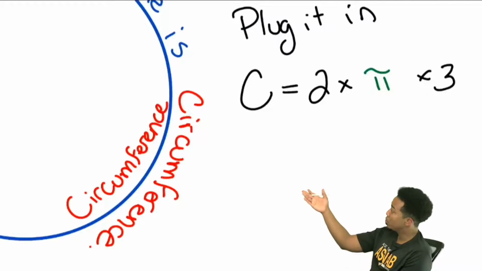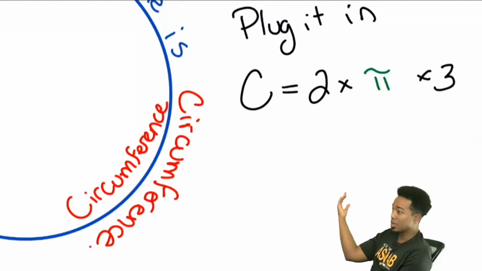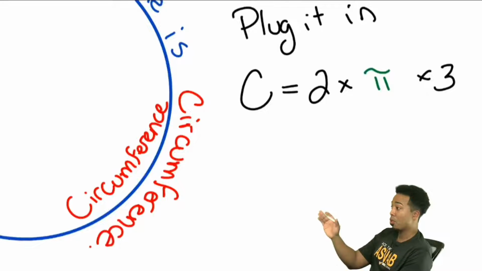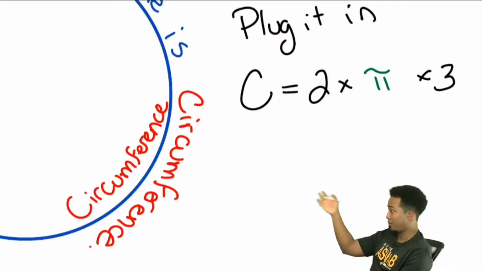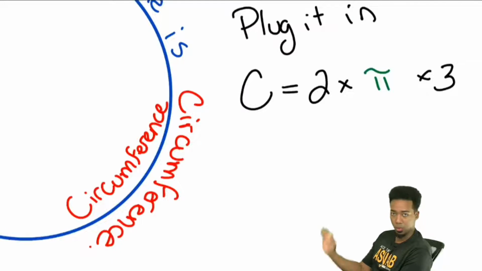So if you have 2 times pi times 3, you can multiply the 2 and the 3 together. It's like saying 4 times x times 5. Well, that's 4 times 5, 20, 20x.